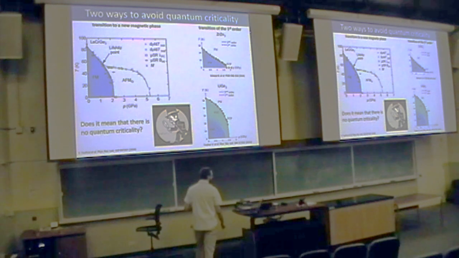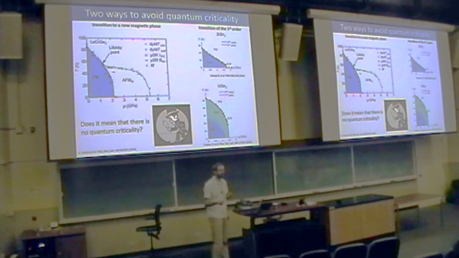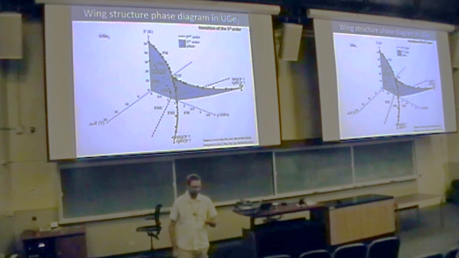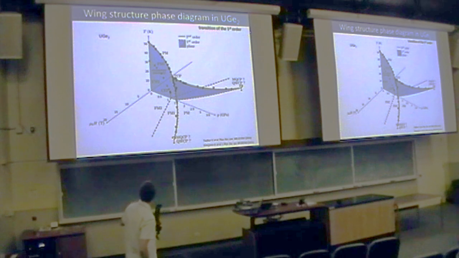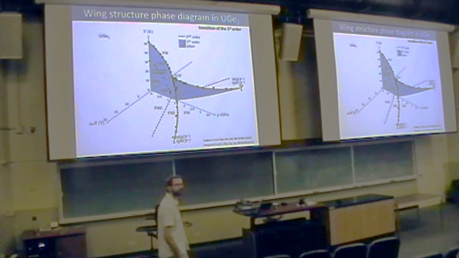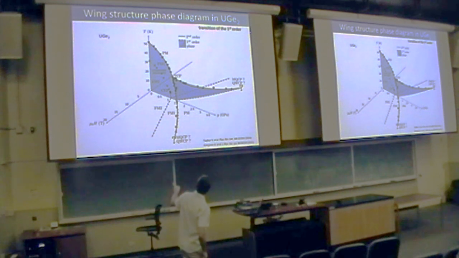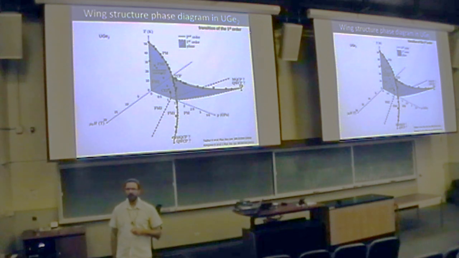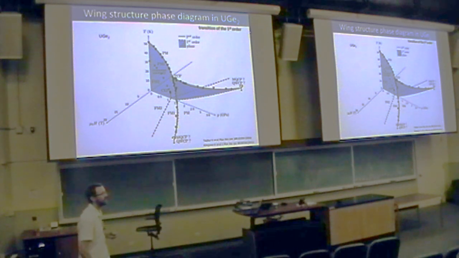Basically, I'm going to apply a third parameter here, magnetic field. And so now I go into a three-dimensional phase diagram where not only do I have temperature and pressure, but now I have magnetic field as well. You can see that starting from this tricritical point, there is this new line of second-order transition that decreases and eventually reaches 0 Kelvin, where we now have a new kind of quantum criticality.